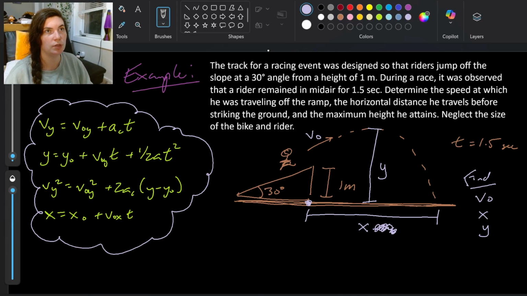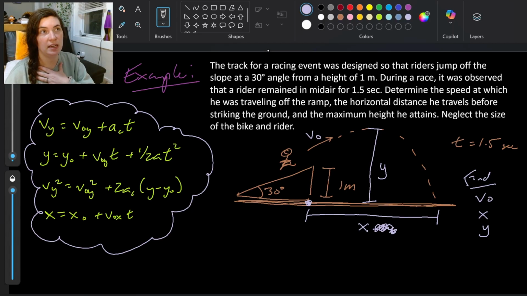So if we want to find our initial velocity, do any of these four equations jump out at you as something we could use?